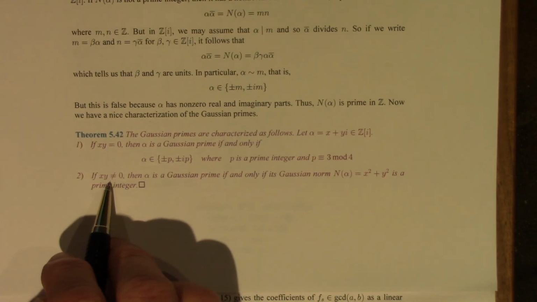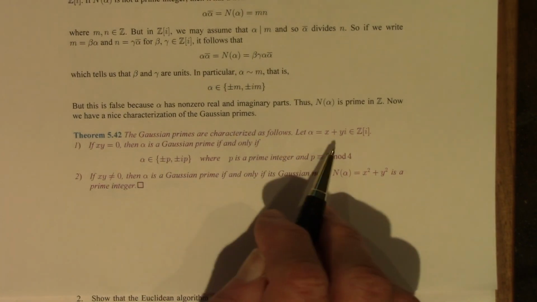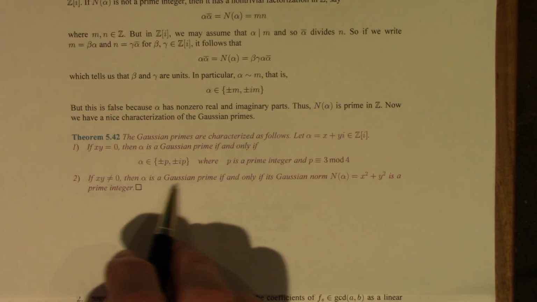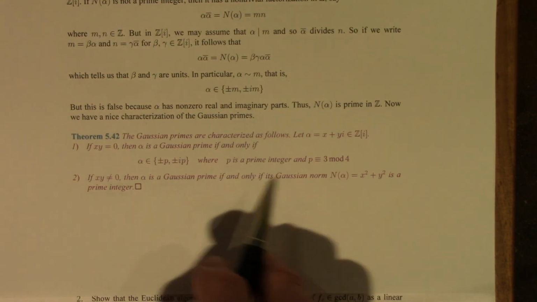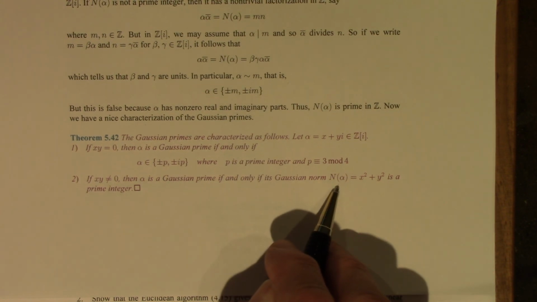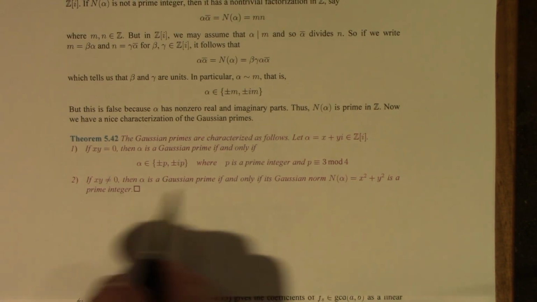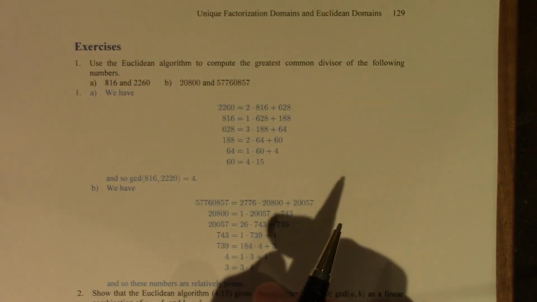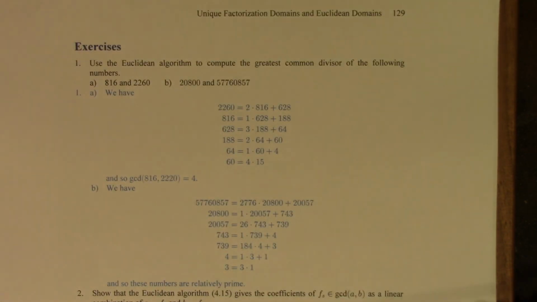If xy is not 0, so alpha has non-zero real and imaginary parts, then alpha is a Gaussian prime if and only if its norm, x squared plus y squared, is a prime integer. And that will do it for our discussion of Euclidean domains.